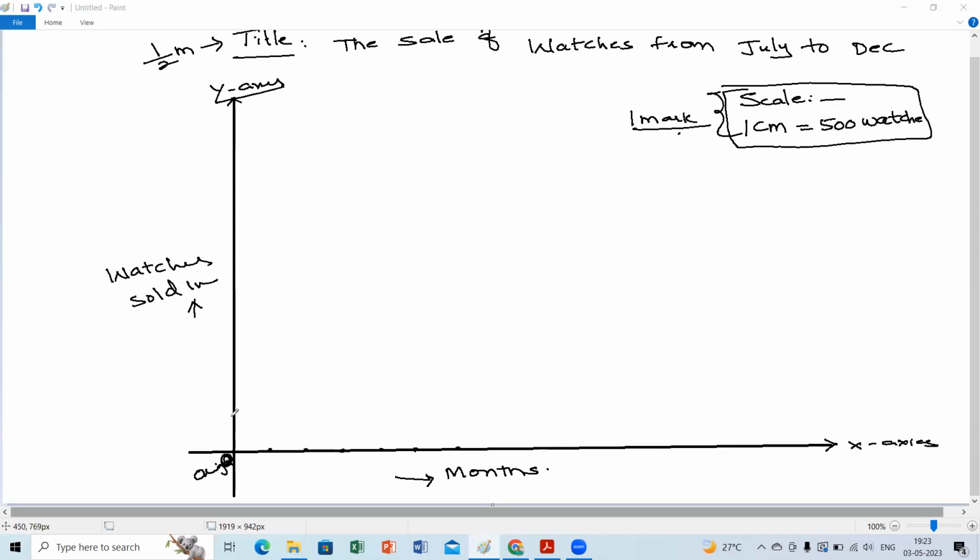I'll mark 1 centimeter like a small box. It's not uniform. Approximately I'm taking, children, not accurately.